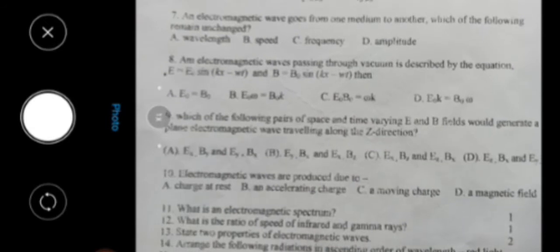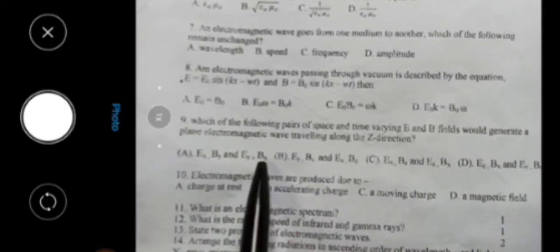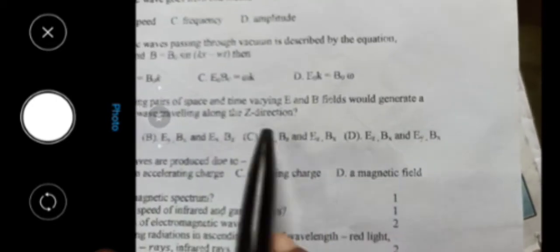It will, of course, be A. Why? Because the direction is z, that means the magnetic field will not be in the z direction, and the electric field will not be in the z direction. Here we have z components in some options, but z is only the propagation direction, so those are not possible. The only possible ones are the Ex By and Ey Bx pair.